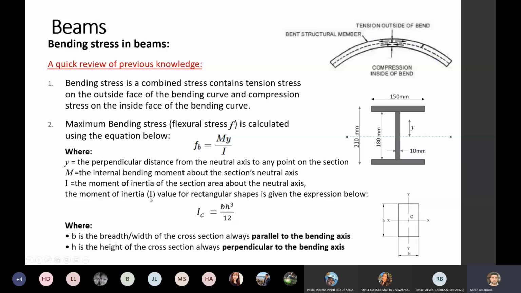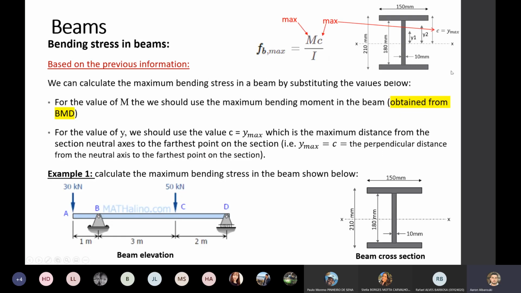So this is the second moment of area or moment of inertia relationship, BH cubed on 12. H is always the perpendicular, B is always the parallel. For example, this is the same as that.